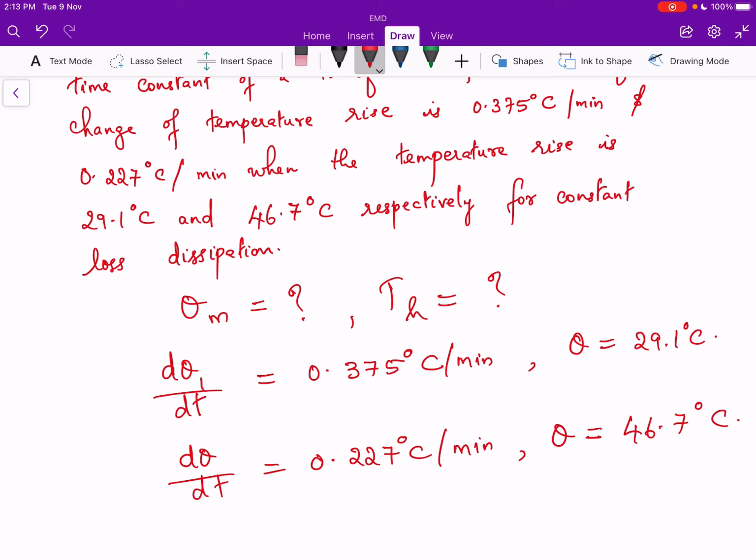So we can write this as d theta 1 by dt and theta 1, and d theta 2 by dt and theta 2.